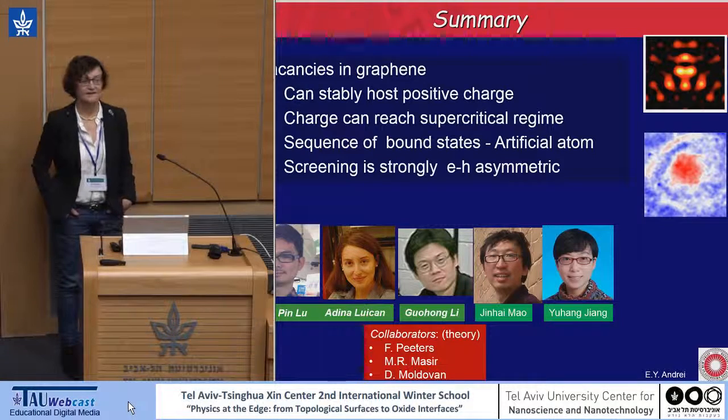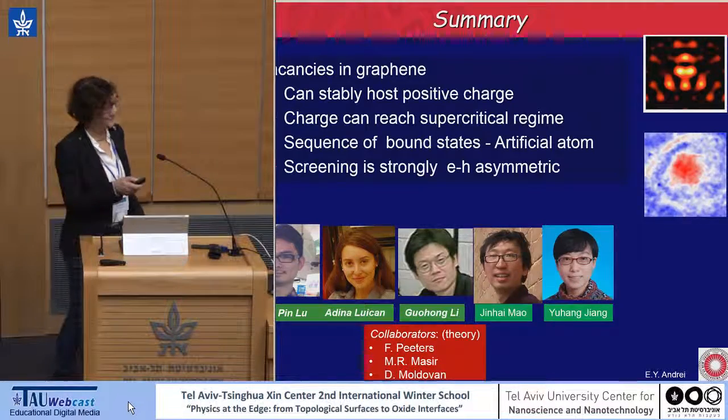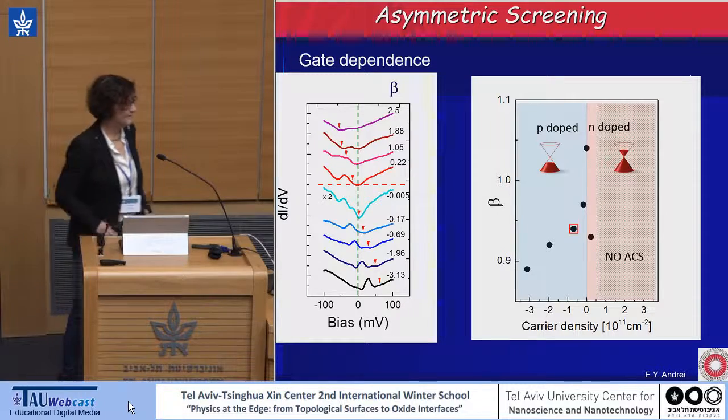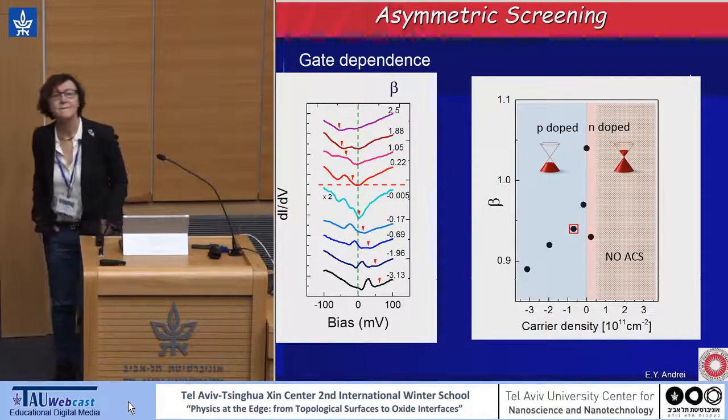Question? I'm a little confused about this electron-hole asymmetry. I mean, you say that the impurity is always positively screened, right? So the impurity is always positive, yes. Why do you expect electron-hole asymmetry?